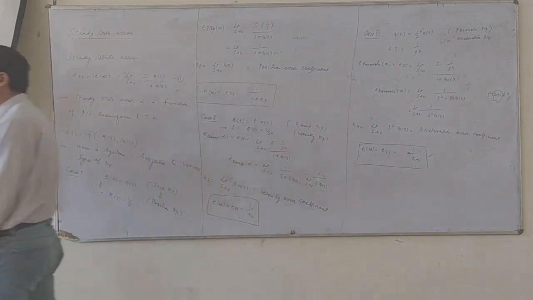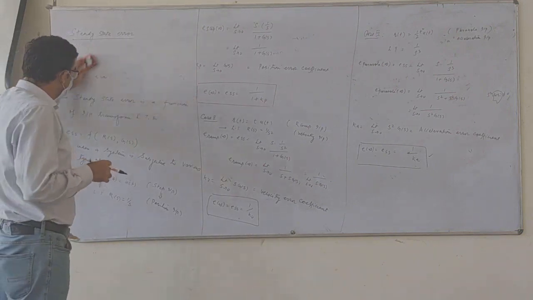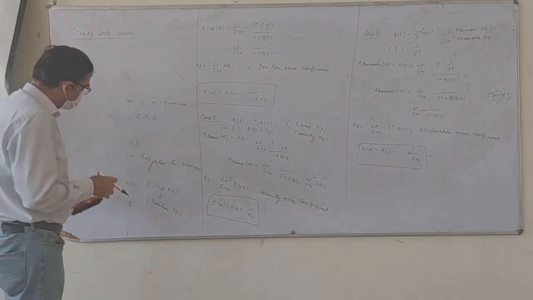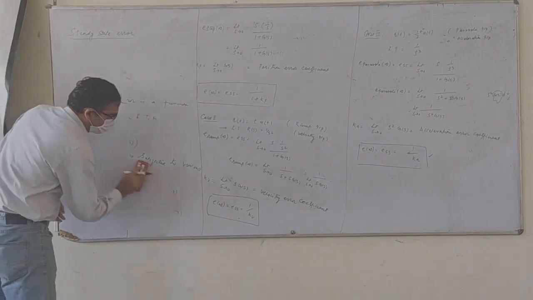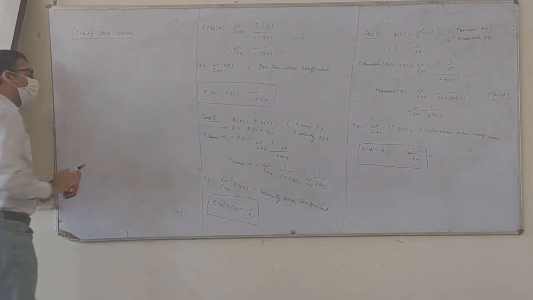Next. Now let's say the behavior of the input is like this. This is for the example's sake. Let me say I have an input whose behavior is like this.